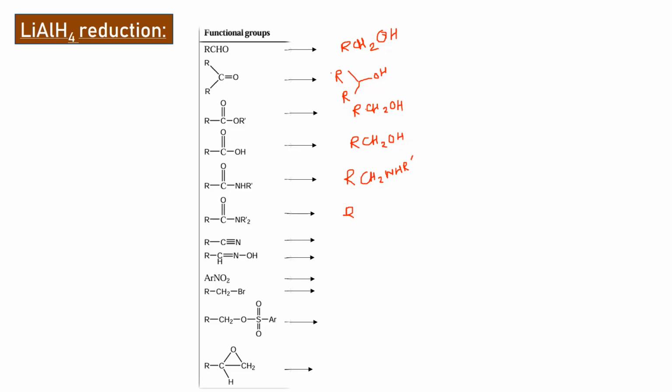Similarly, this one also. If you add LiAlH4 to an oxime, that will also give a primary amine.